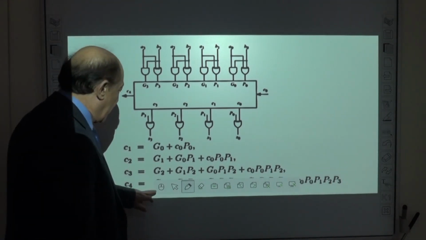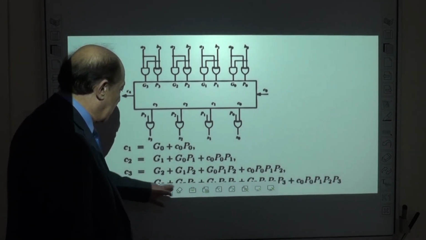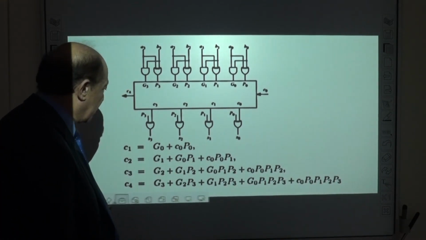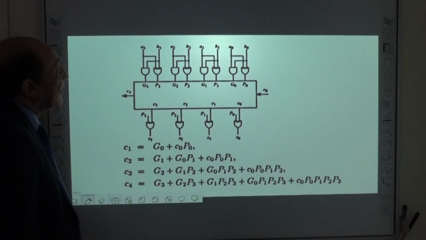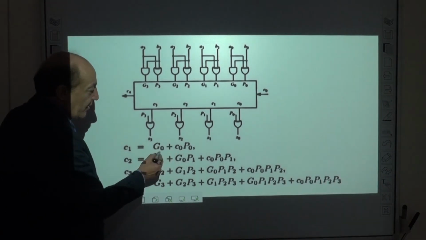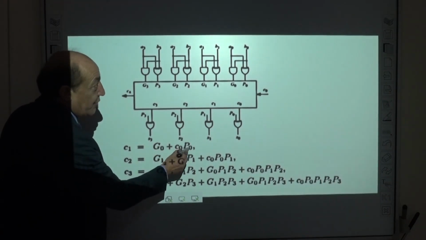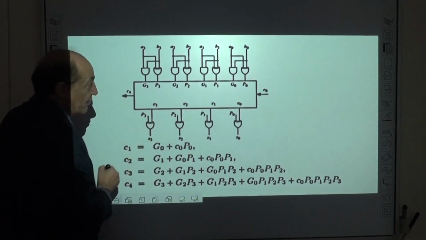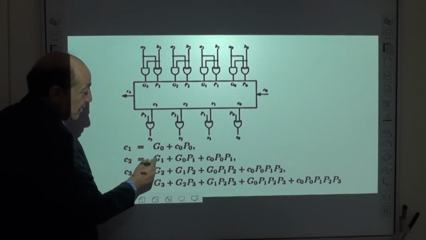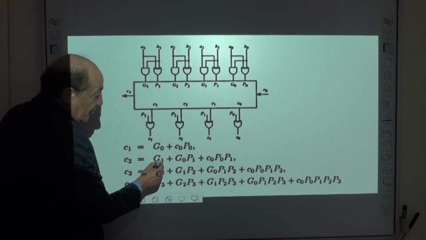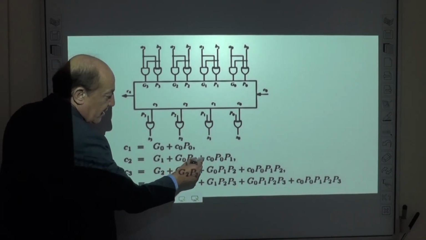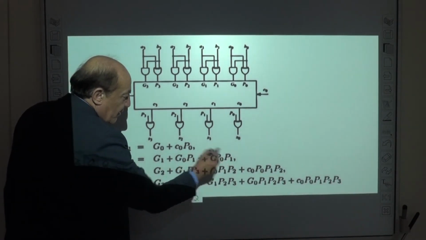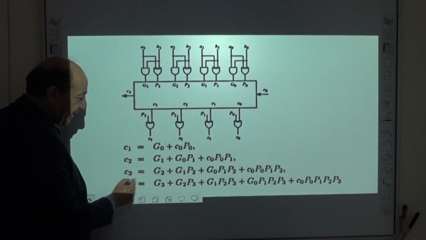This is one possible circuit for a 4-bit carry look ahead adder. The expression C1 equals G0, or C0 P0. C2, now we write it, equals G1, or G0 P1, or C0 P0 P1, and likewise C3 and C4.